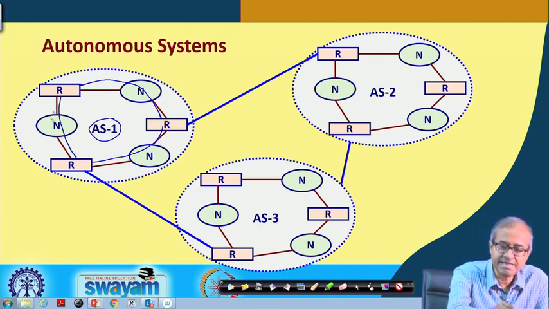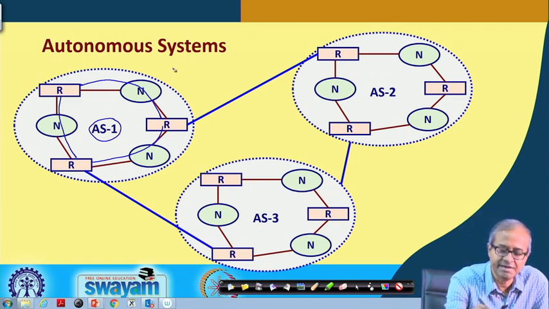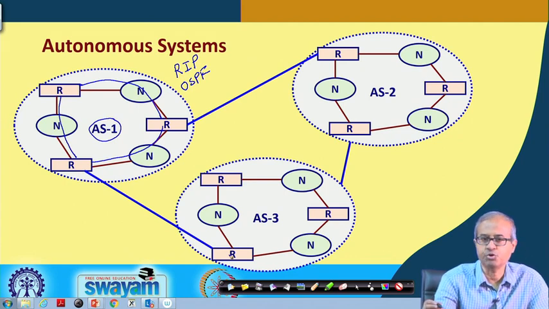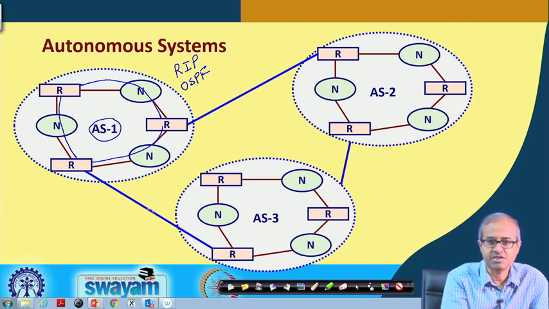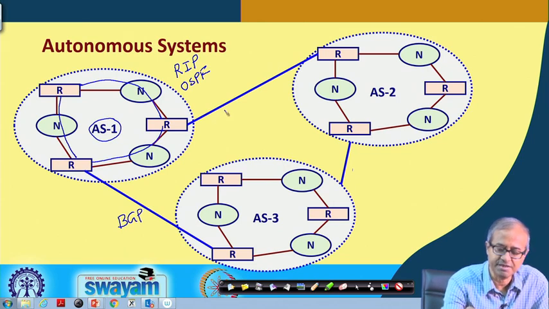Now, these routers can exchange information and keep their routing table updated using interior protocols, of which there are 2 main examples, RIP and OSPF. But when you talk about routers which belong to different autonomous systems, which are shown by these blue lines, here you use some exterior routing protocol like BGP.